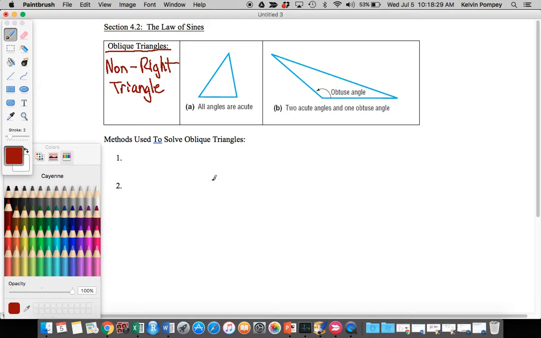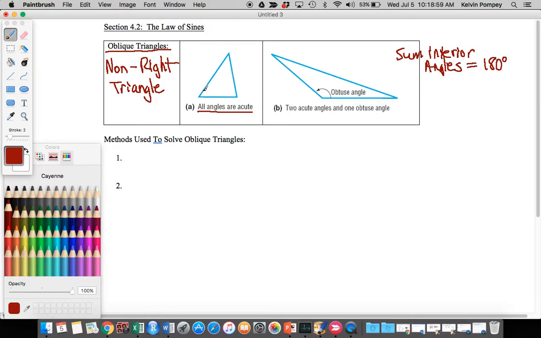And so there's a couple of different ways that we can obtain or have oblique triangles. One case is where all three of the angles in the triangle are acute. All right. And the other case is where we have an obtuse angle and two acute angles. All right, remember the sum of your interior angles in a triangle is equal to 180 degrees.